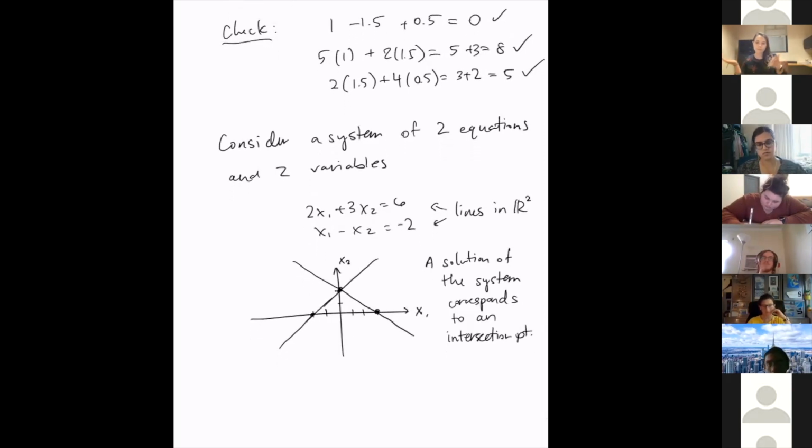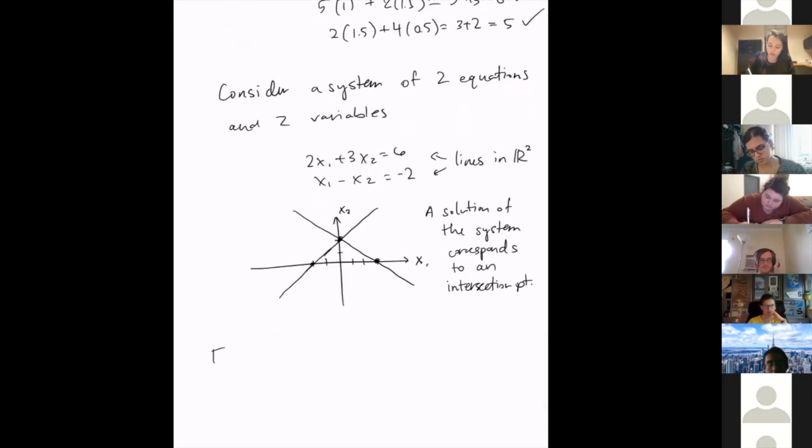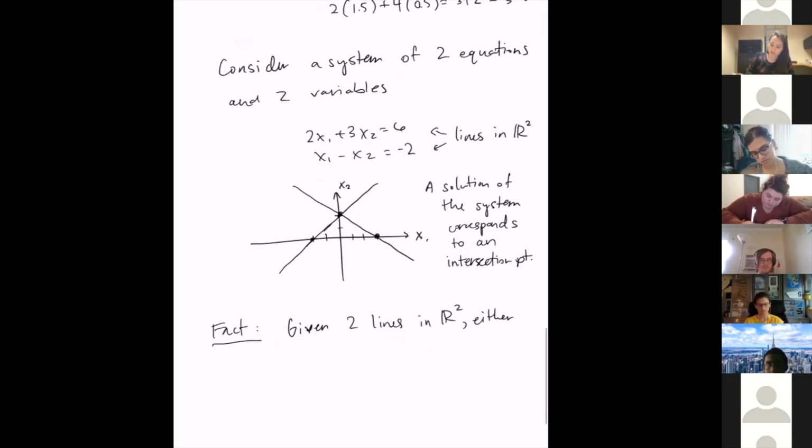Okay. And now there are some things that we know about intersections of 2 lines, right? It's a fact that we know from geometry or previous math classes. So given 2 lines in R2, one of 3 things might happen, right?